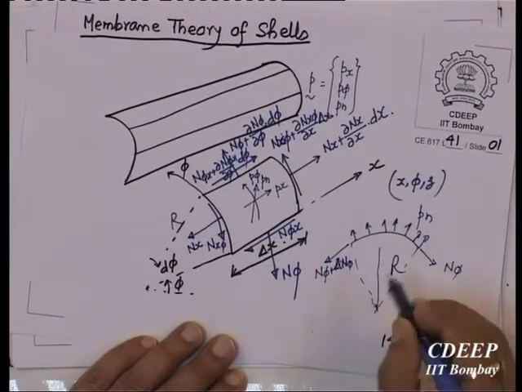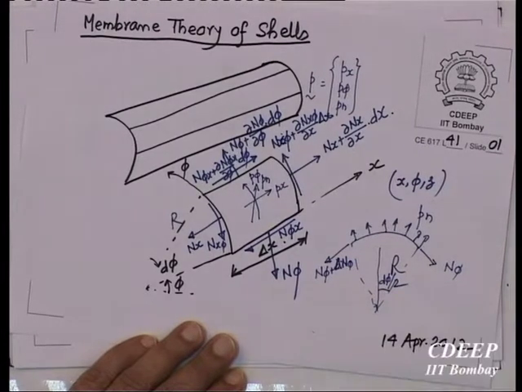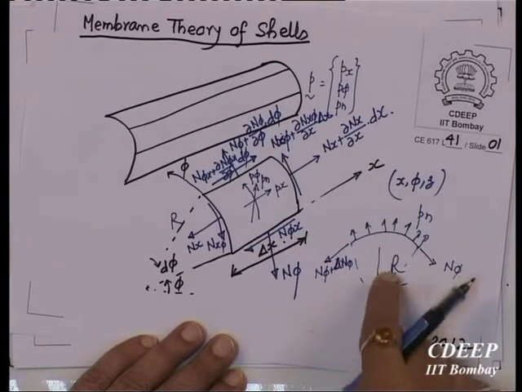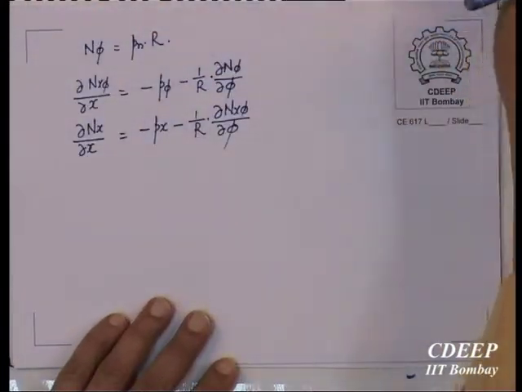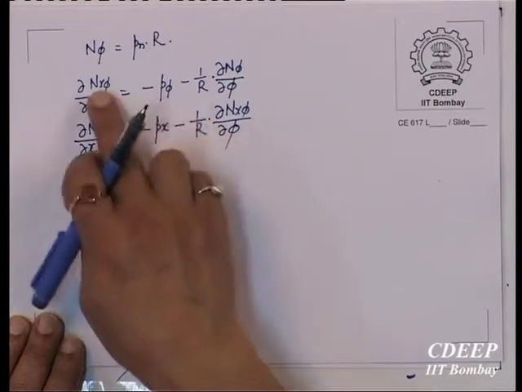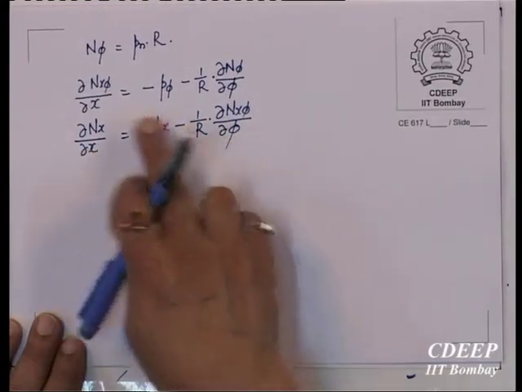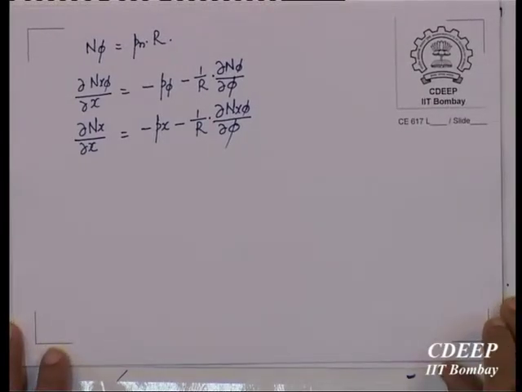In fact, this is d phi by 2, and the angle is small, so we can take the sine approximation. The x direction is simple and can be written without much difficulty. In the phi direction you have to spend a little more time. So, these are the three equations.